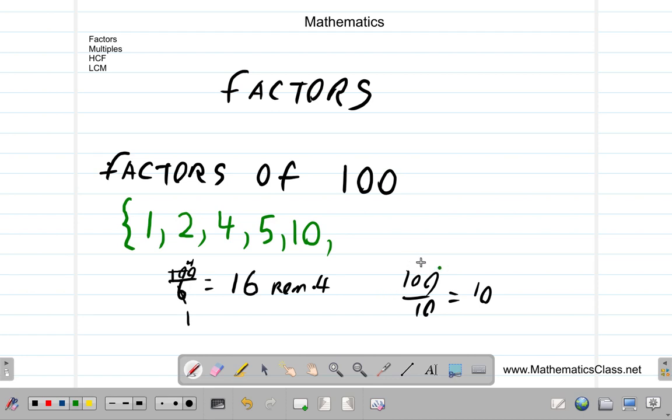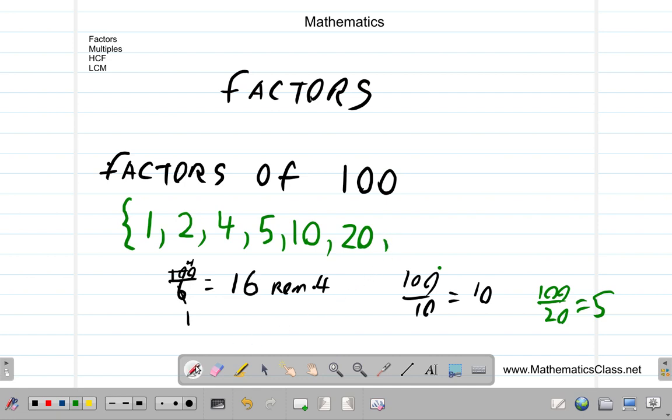Next number in line is 20, because 100 divided by 20 is 5 flat. So nothing remaining. See that? So therefore 20 is a factor of 100.